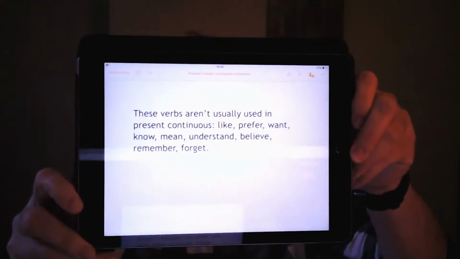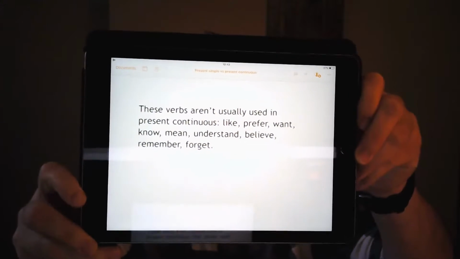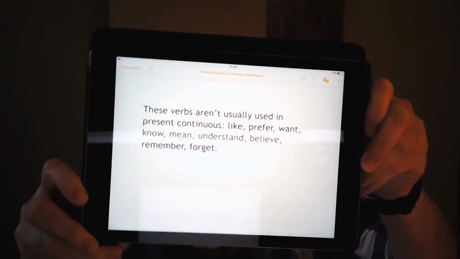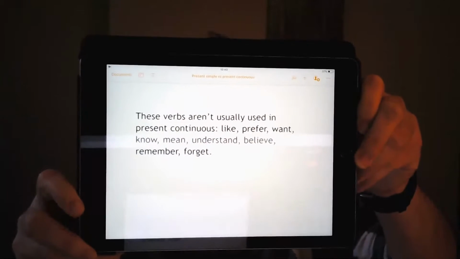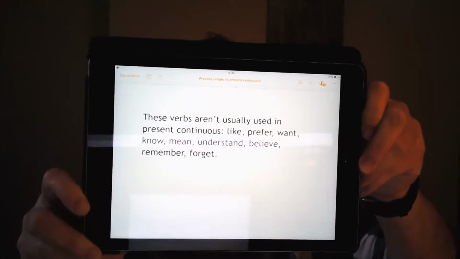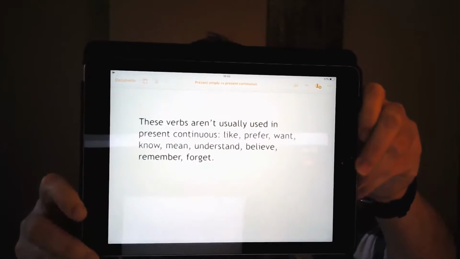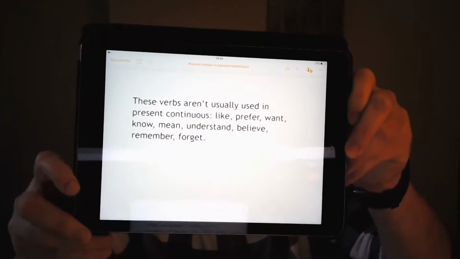So the verbs which we normally don't use in continuous are these ones which I put up here. Yeah, so these verbs aren't usually used in present continuous. There are other ones as well, but I thought I'd give you some examples, like, prefer, want, know, mean, understand, believe, remember, forget.